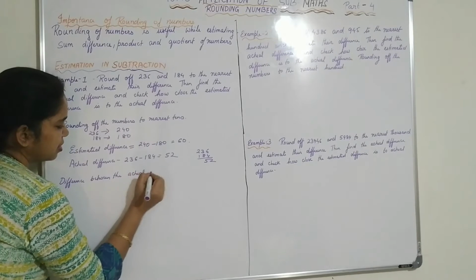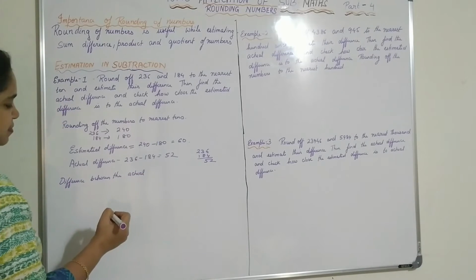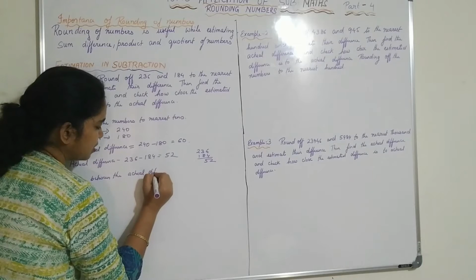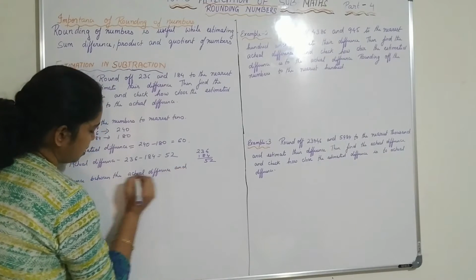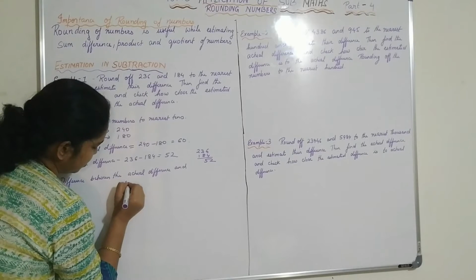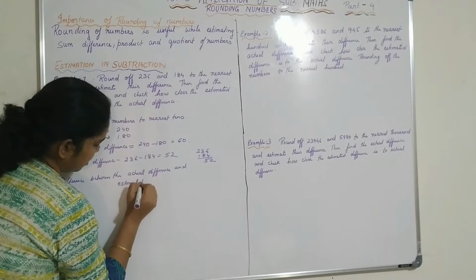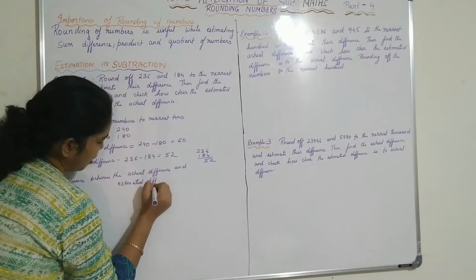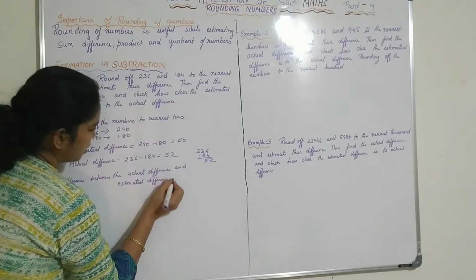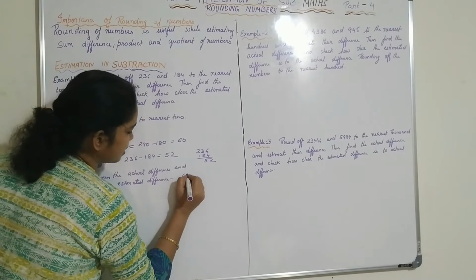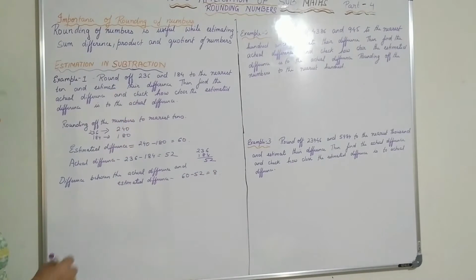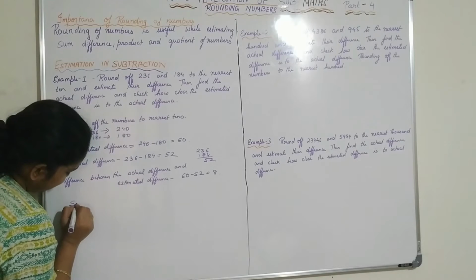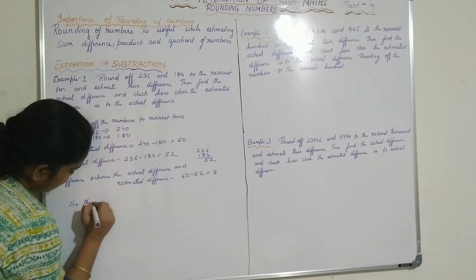The difference between the actual and estimated difference is how much? It is 60 minus 52, which is equal to 8.